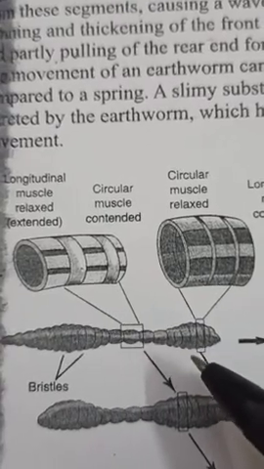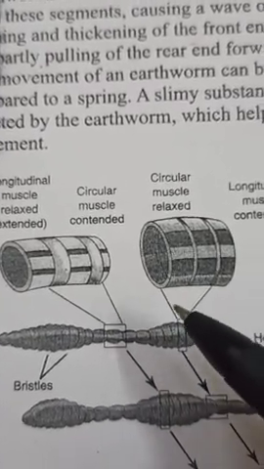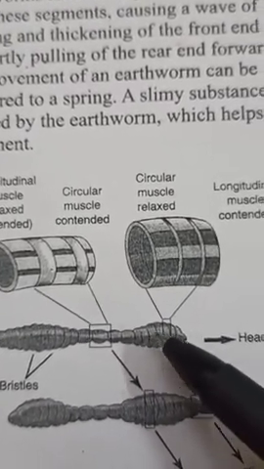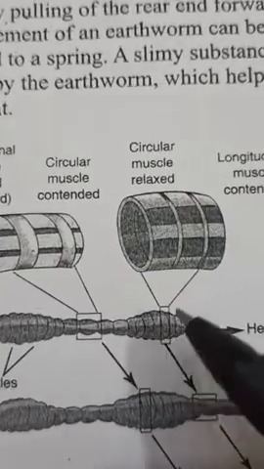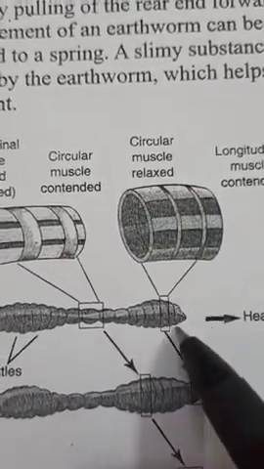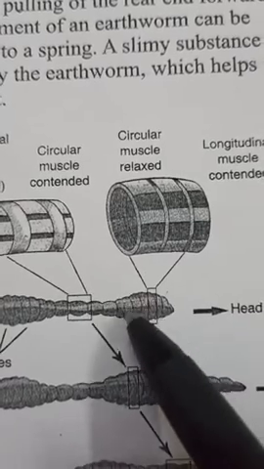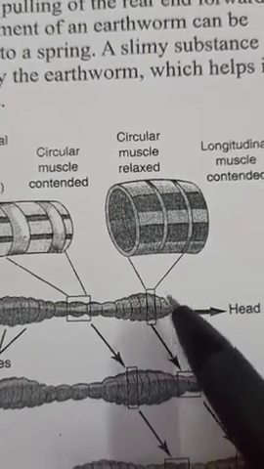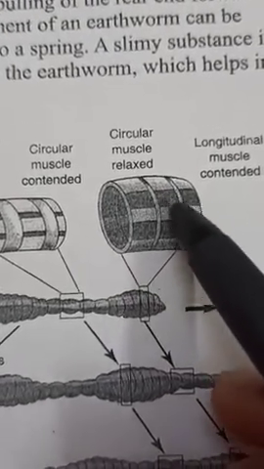In the earthworm's body, two kinds of muscles are there children. One is the longitudinal muscles, which are present longitudinally, means like this they are present in their body. Okay, you can see here.